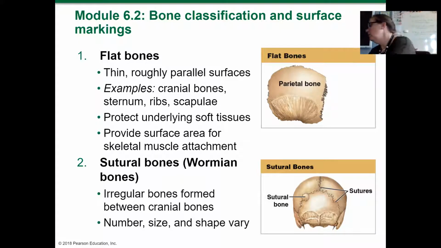We also have something called sutural bones. These are the cranial bones. These are actually flat bones as well, the parietal bones being these guys. But if you can see this line, when you're born, that line doesn't exist. That's actually a gap between these bones.